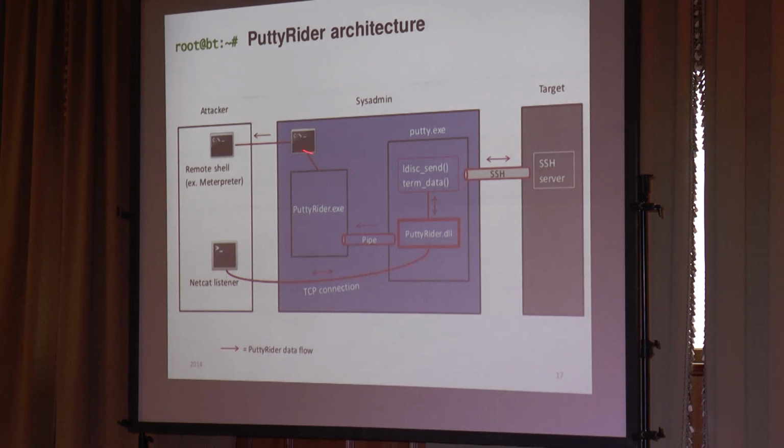This is one way of communication, but actually PuttyRider.exe does not necessarily have to be there. It can be used only to inject the DLL, then exit, and then the sysadmin will not see anything if he tries to do a process list, because there is actually only the DLL in the memory of Putty.exe.